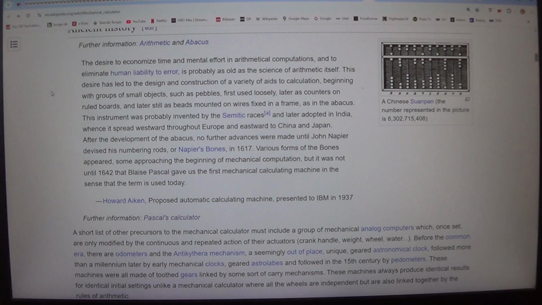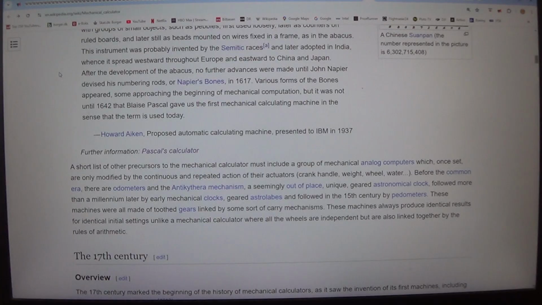This instrument was probably invented by the Semitic races and later adopted in India, whence it spread westward throughout Europe and eastward to China and Japan. After the development of the abacus, no further advances were made until John Napier devised his numbering rods, or Napier's bones, in 1617.